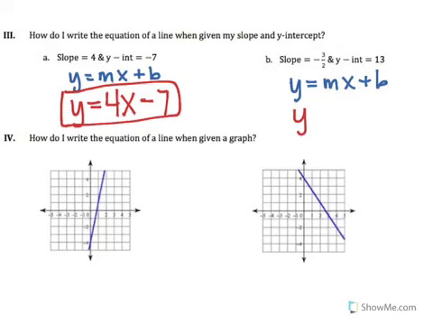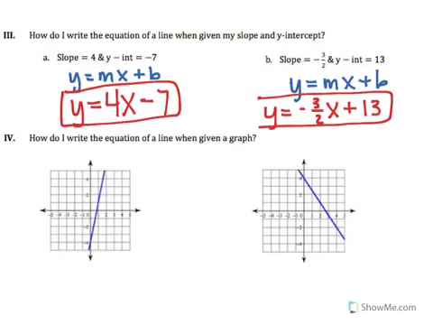So I know y is going to be equal to -3 over 2x plus 13. Excuse me, let me erase that so it can fit onto the screen. And remember, your slope is -3 over 2. That's why the negative sign is written there.